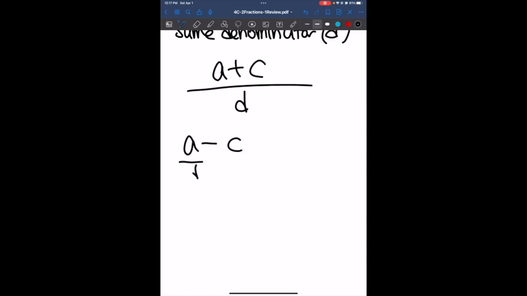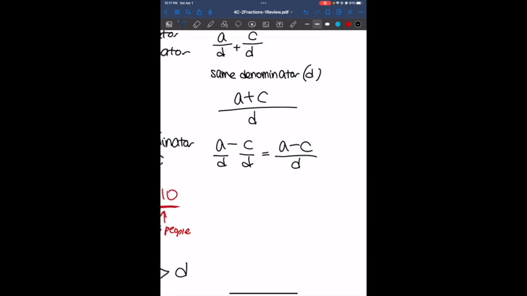If the denominator is the same, it's just the numerator that changes, and the denominator stays that common denominator.